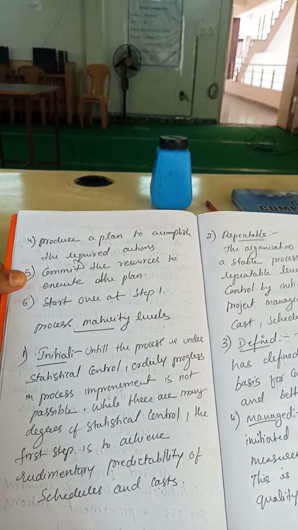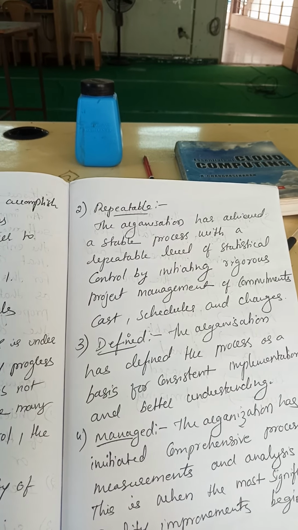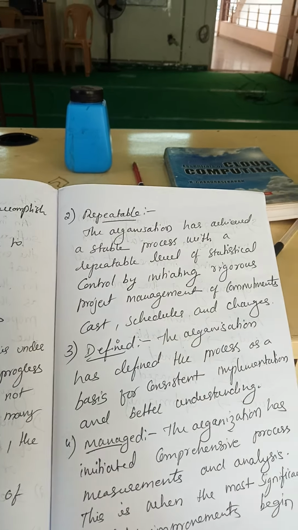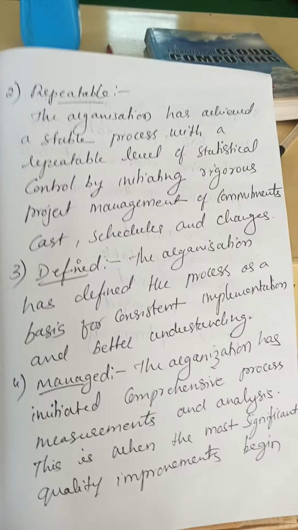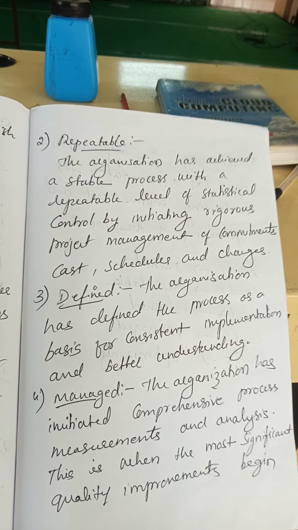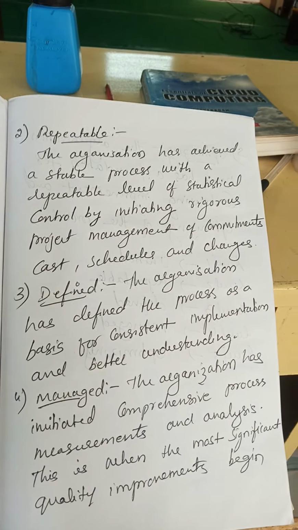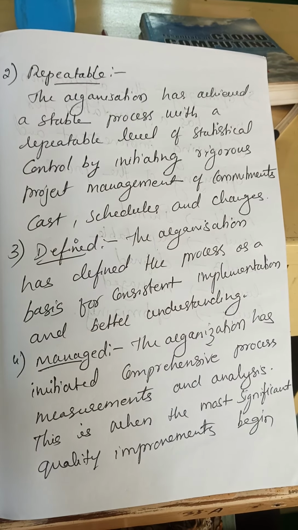Next is the repeatable process, in which the organization has achieved a stable process. Here we control rigorous project management of commitments, cost, schedule and changes: what is the cost of the project, what is the schedule and what are the changes. Third is the defined level, where the organization has defined the process as a basis for consistent implementation and better understanding.